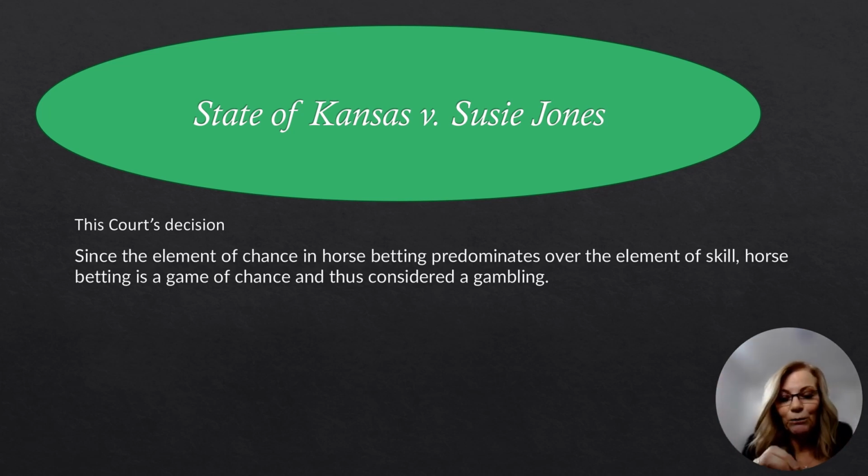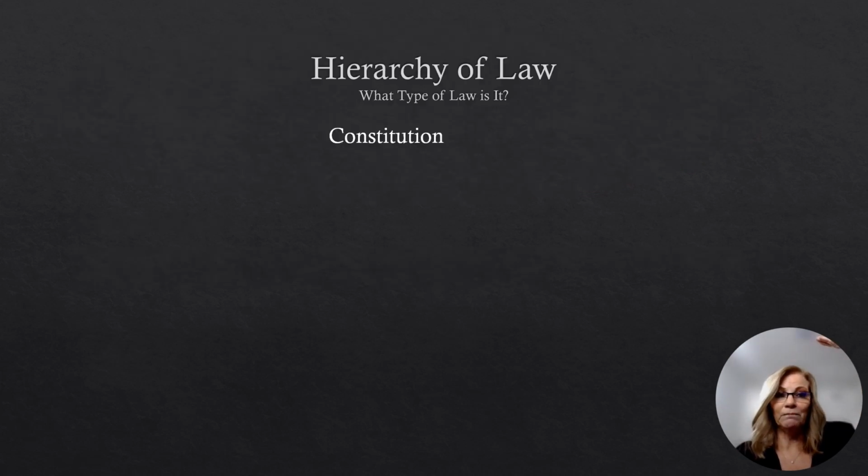So in a nutshell, what we do is we take the case and we apply it to the other cases if there's no law on it. Why do I say that? Because we have a hierarchy of law. We have an order of which law is superior. The Constitution. Nothing can conflict with the Constitution, otherwise it's void, never happen, right?